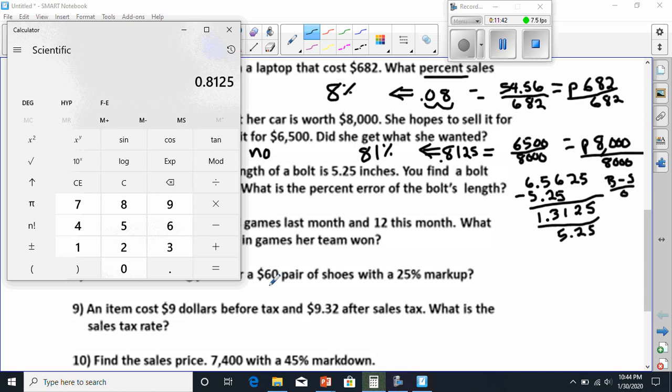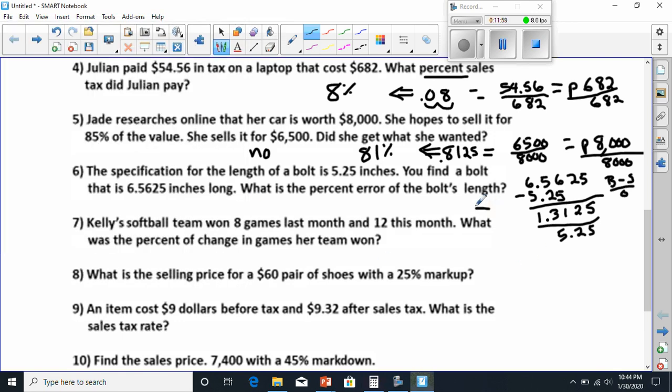If we take our trusty calculator and do that, 1.3125 divided by 5.25 is going to give us 0.25. And since we're looking for a percent of error, we have to move that decimal twice, so it becomes 25%.